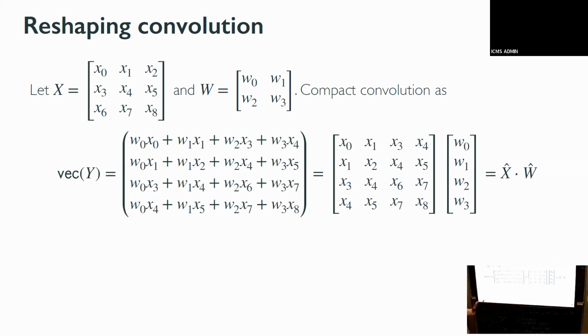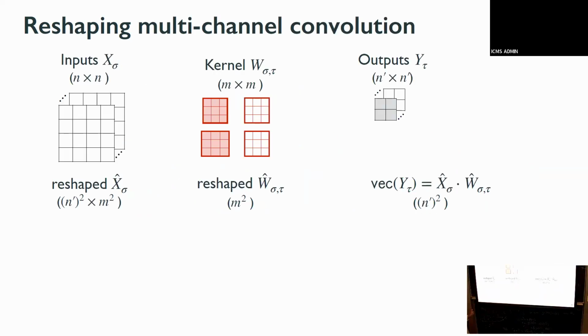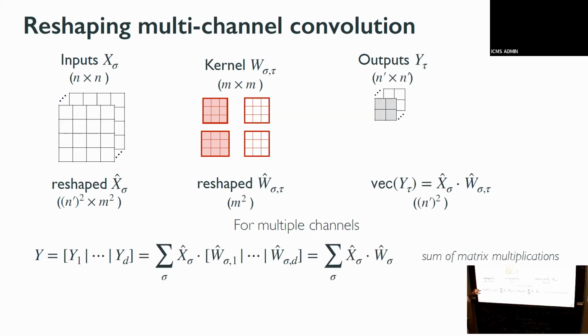Now you can see this as a matrix-vector multiplication, but then we have to formalize this for multiple channels. What is interesting is that we first reshape each single matrix, and then for every output, you stack the vectorizations of these outputs one after the other for the output channels.